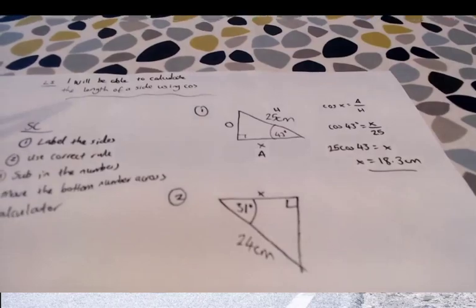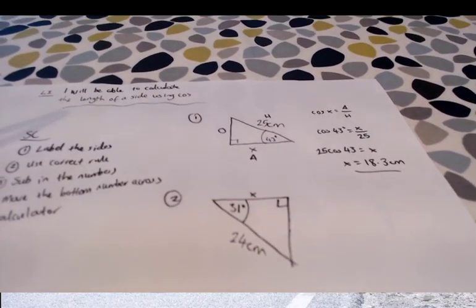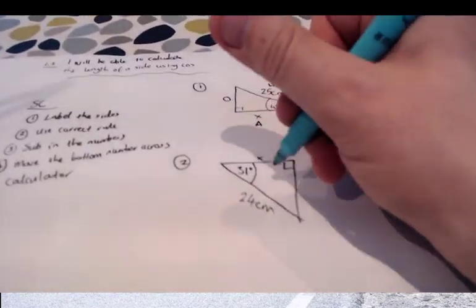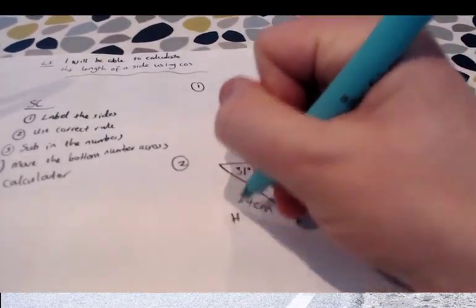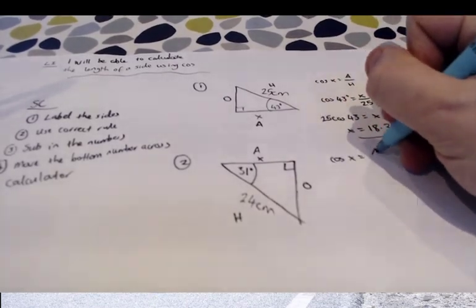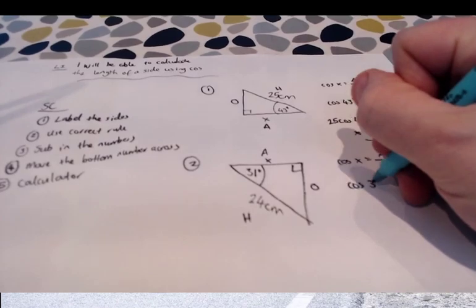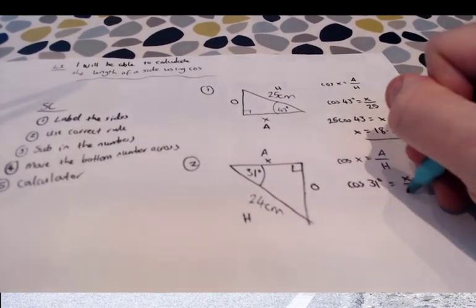Second one. Same again. Hit pause. Give it a go. Okay, we're going to start by labelling the sides. Opposite, hypotenuse, adjacent. We're going to write down the rule. Cos x equals a over h. We're going to fill in the information. Cos 31 degrees equals x over 24.